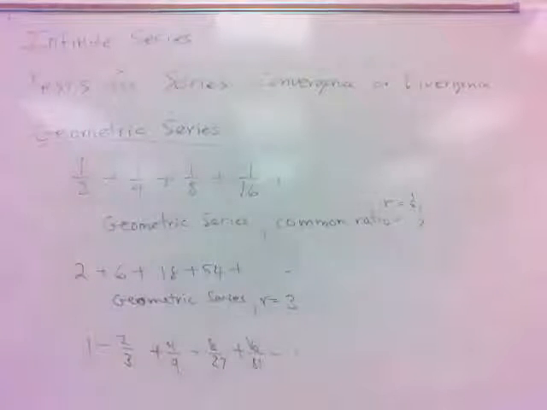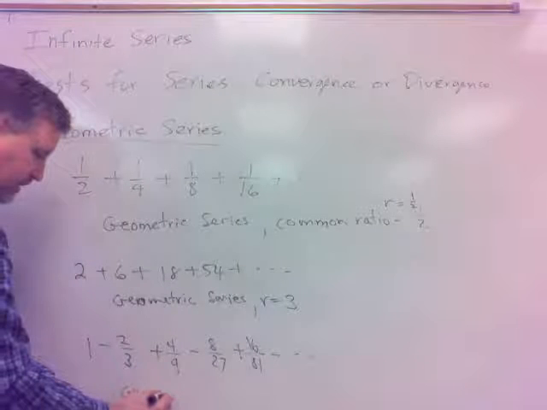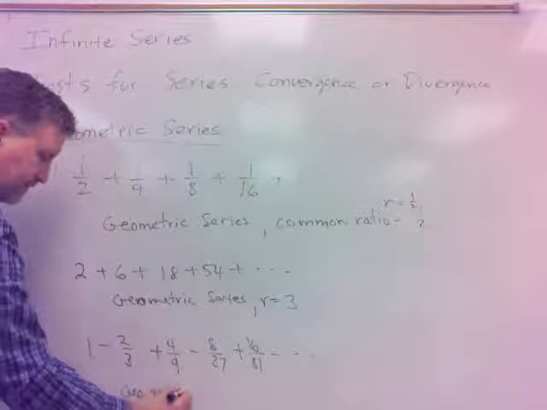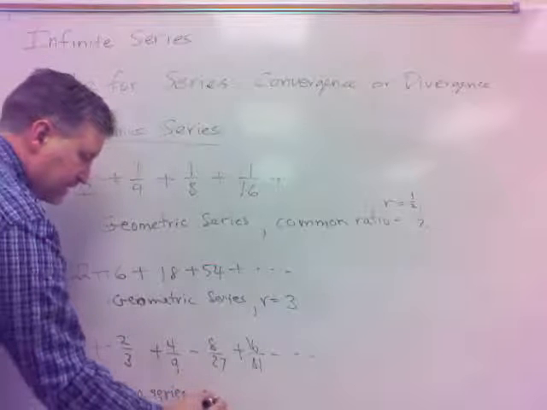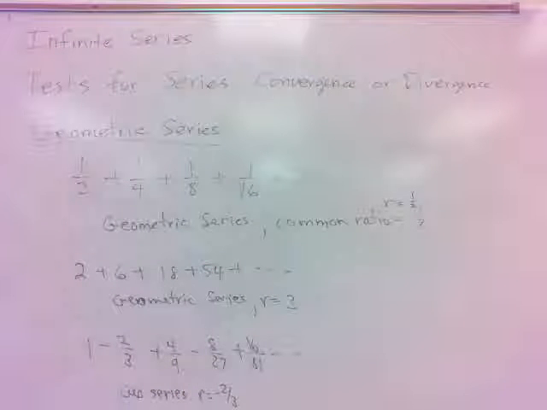Alternating, we can have geometric series that alternate. That's a geometric series. R is what there? -2/3. Yeah, the ratio is going to be negative when it alternates.